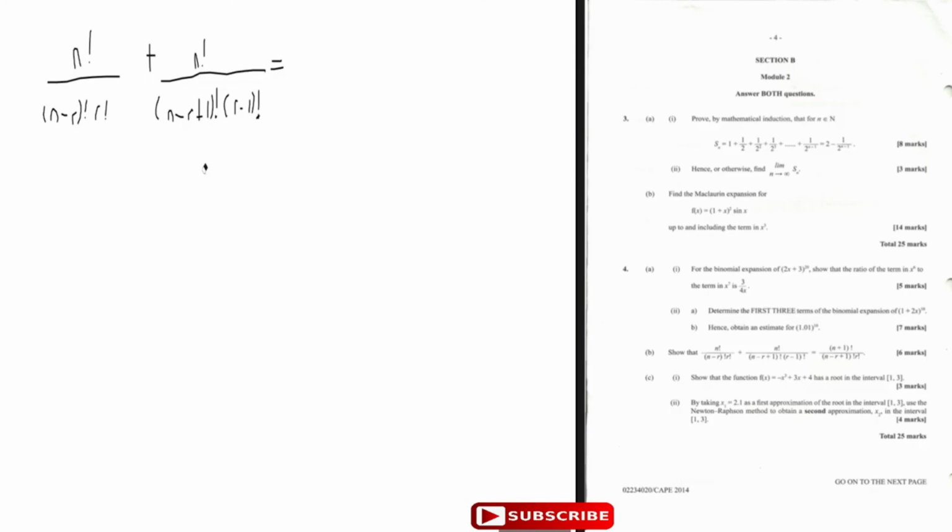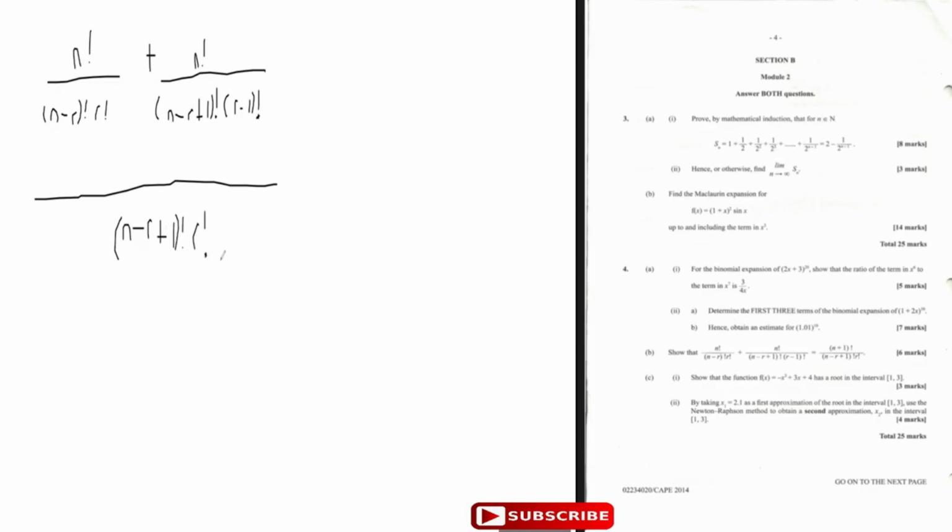Now to do this, first thing we need to do is find the common LCM. Anytime you're adding two fractions, you find the common LCM. The common LCM is going to be (n minus r plus 1) factorial times r factorial.